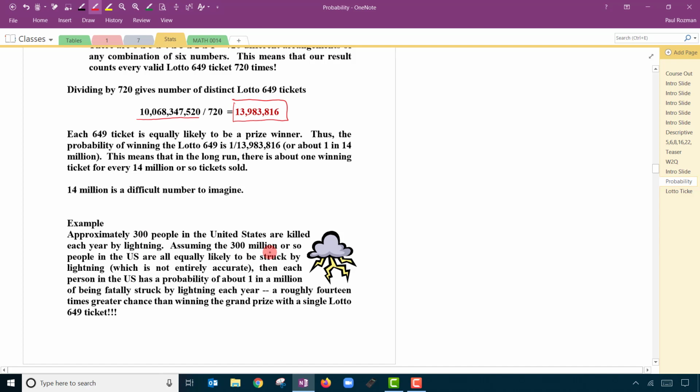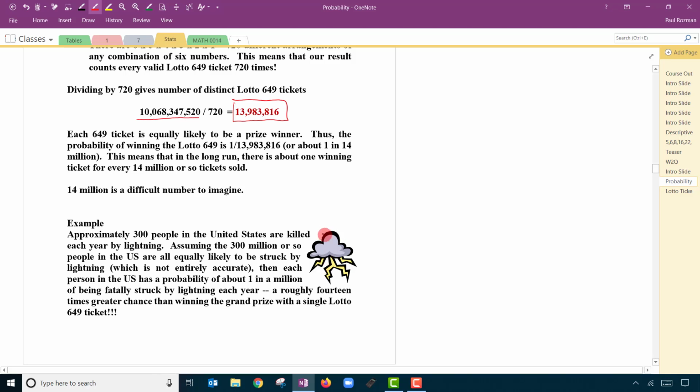So you have a 1 in a million chance of being killed by lightning as an American. But you only have a 1 in 14 million chance of winning the lottery. So I hope that puts it in perspective. You have a better chance of getting killed by lightning 14 times than you do by winning the 649.